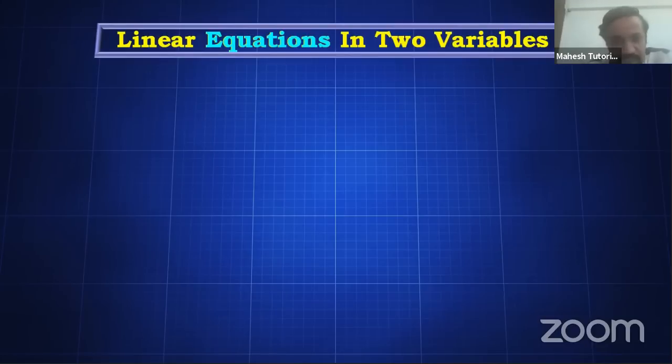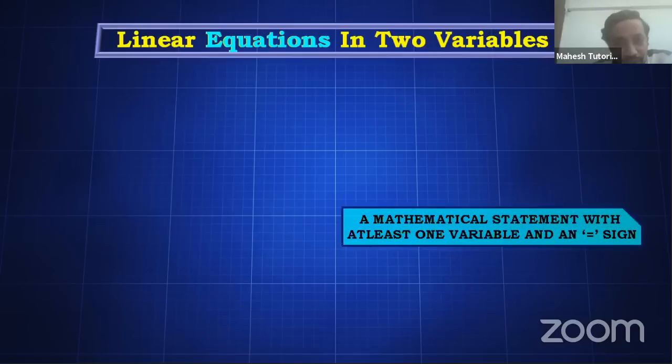Now, in simple words, equations are those mathematical statements which contain at least one variable and an equal to sign. मतलब इक्वेशन होने के लिए ये दो कंडीशंस होने चाहिए. फर्स्ट, at least one variable, and second, an equal to sign.